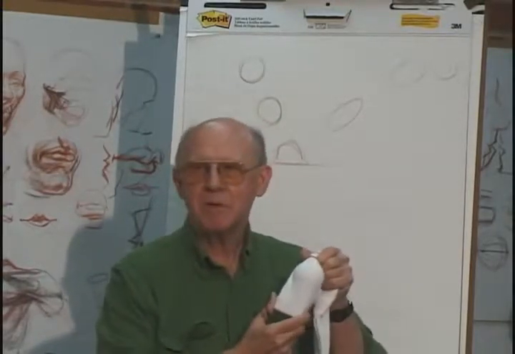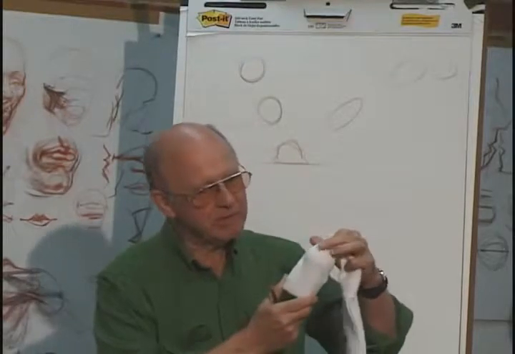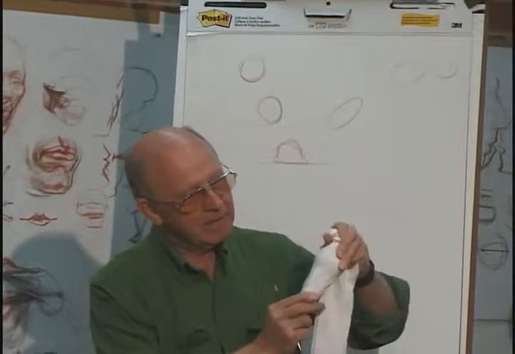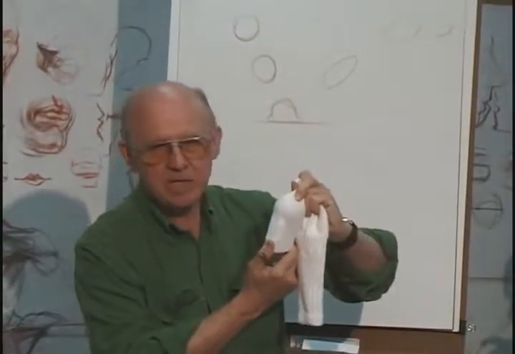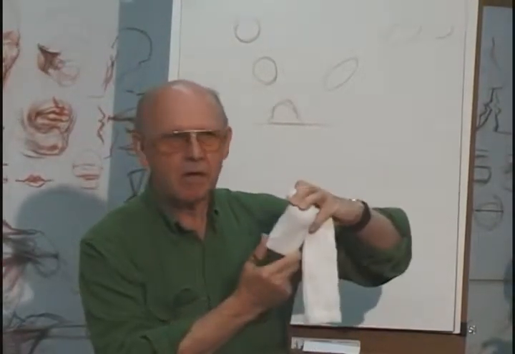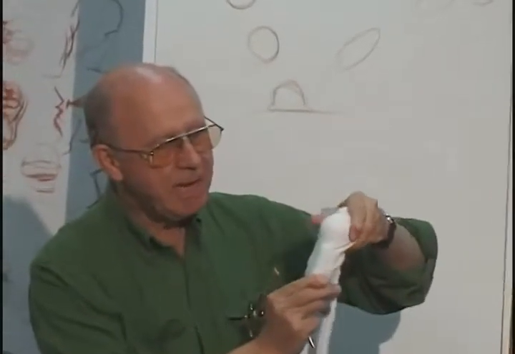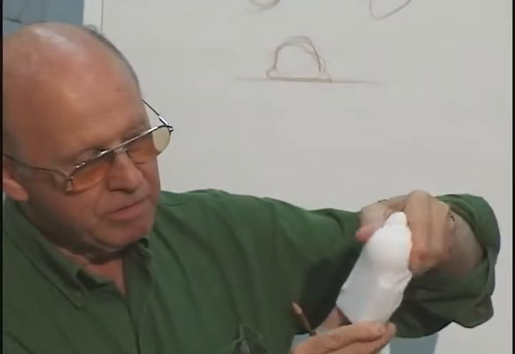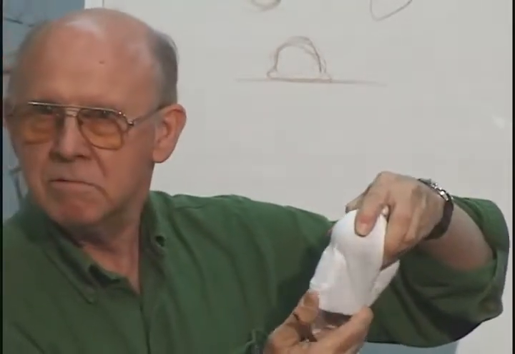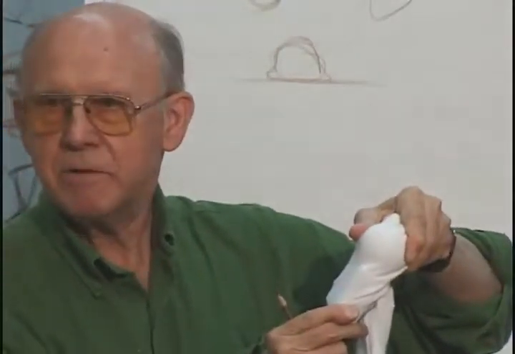What happens when you twist these things? We start to feel it. You can actually see the twist. Now we feel turning. Feel the corners, feel the pull. That's exactly what happens with the figure.